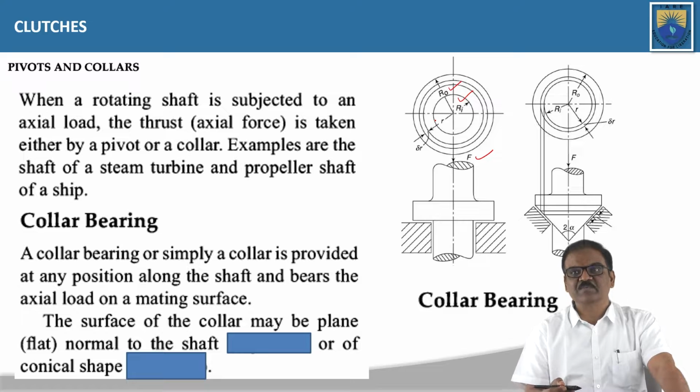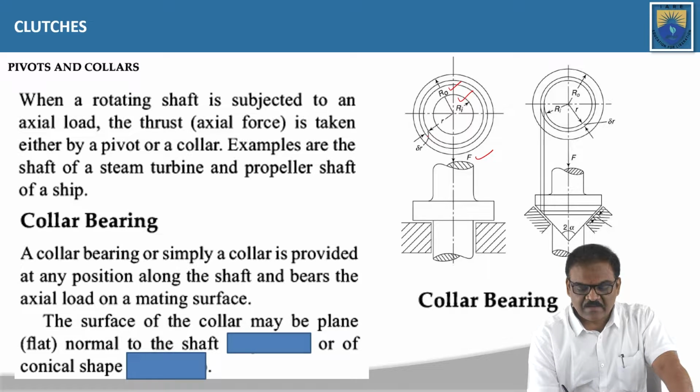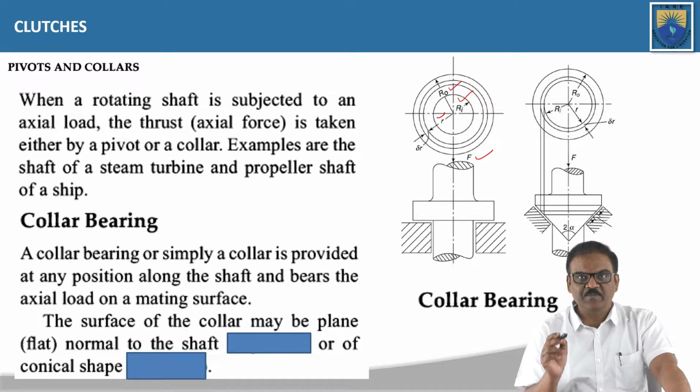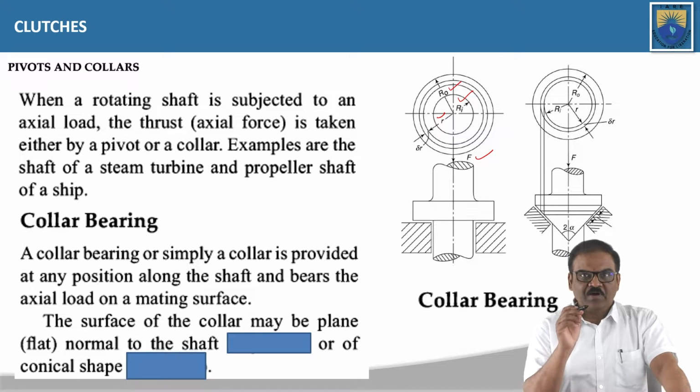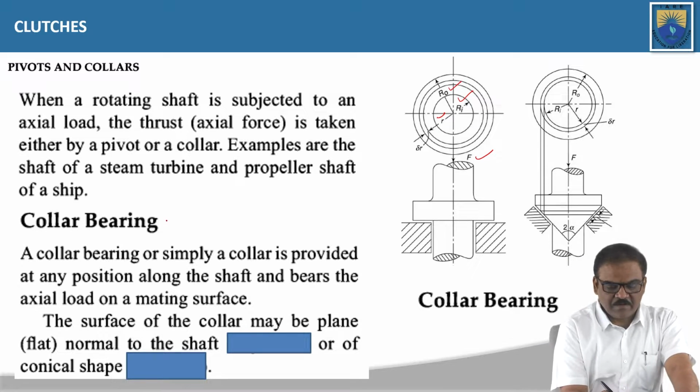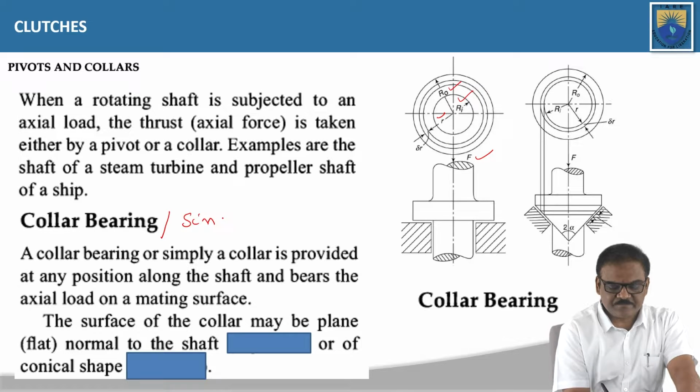For our derivation purpose, we are going to consider a delta r, a small portion at a radius r. This is the point you have to keep in understanding. Then the collar bearing derivation can be extended to a single plate clutch.